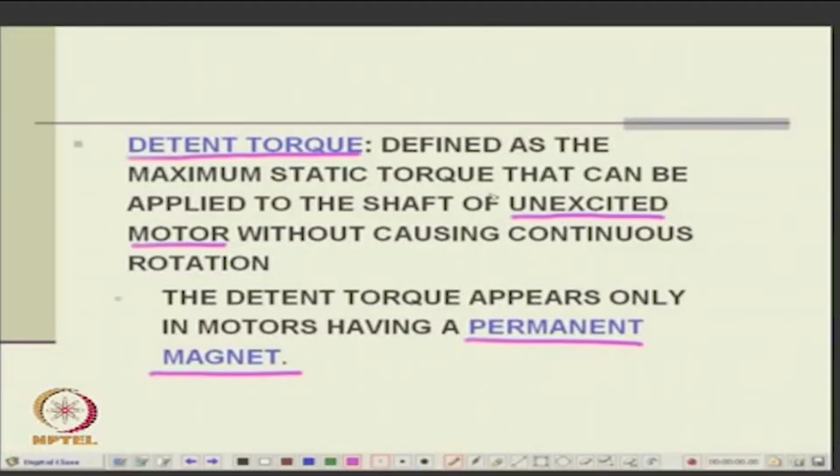You put the stator unexcited, then what is the static torque that can be applied to the shaft without causing any rotation? This is also important, called rest torque, static torque or return torque, only in PM machines. So you have the return torque, and you have another, the holding torque.